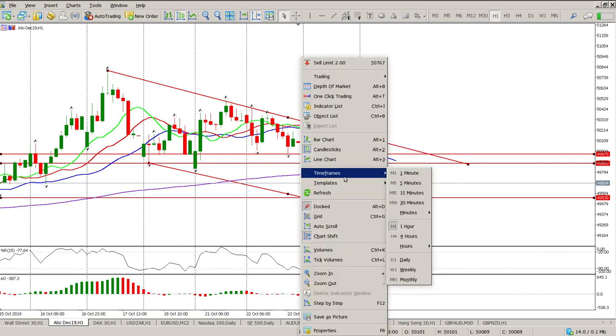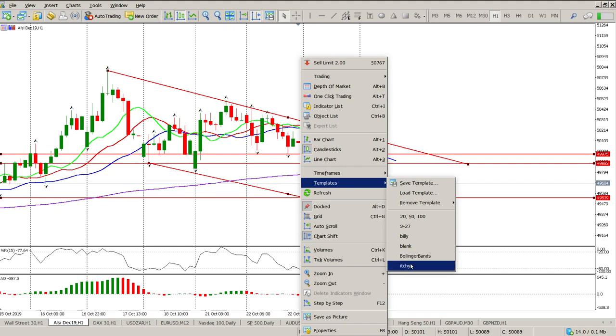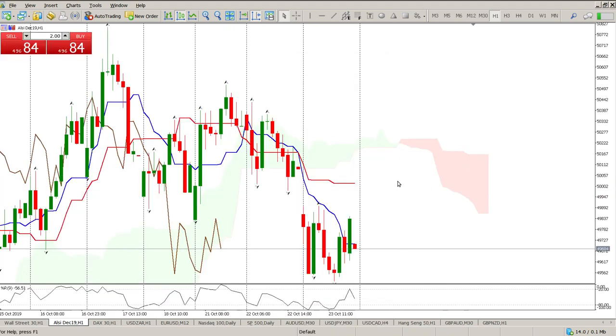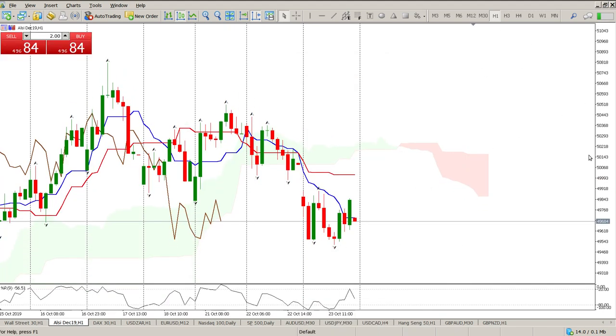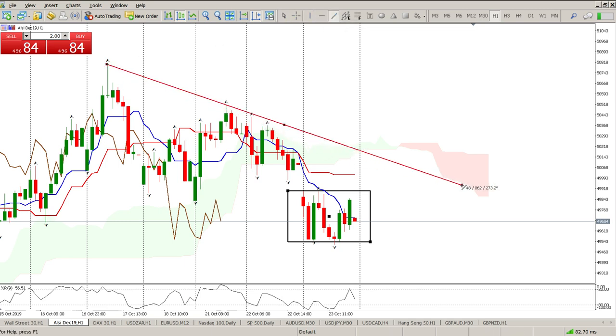Let's just quickly close off with the Ichimoku. That always gives us a really good understanding of what's actually going on. So at this stage, we've broken through the cloud. We are consolidating. So this area here is a consolidation. Could be a double bottom, could be the start of a range. But again, keep this trend line in. Look where the top of this trend line is.